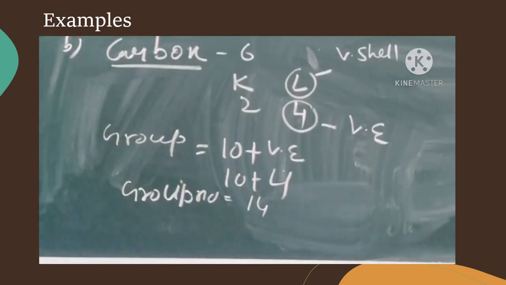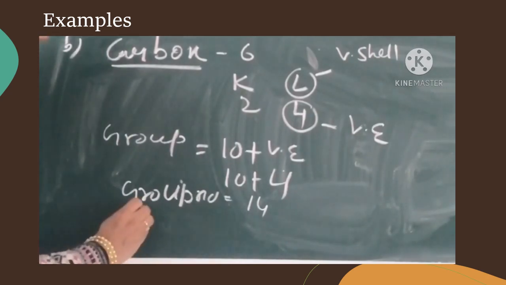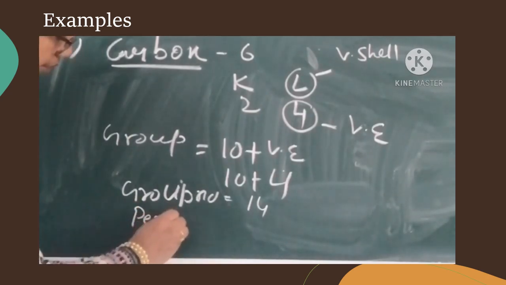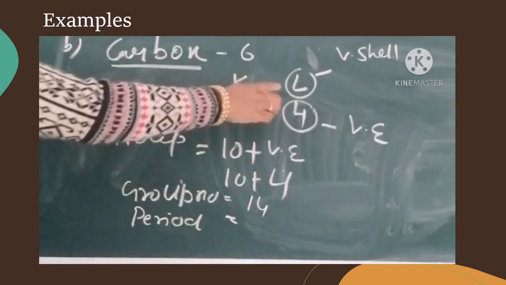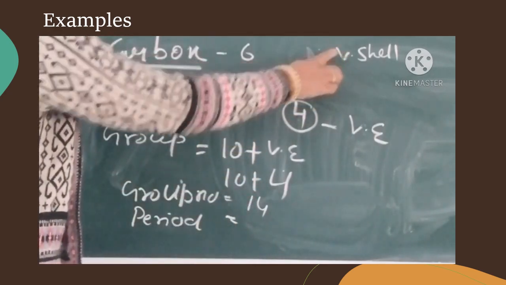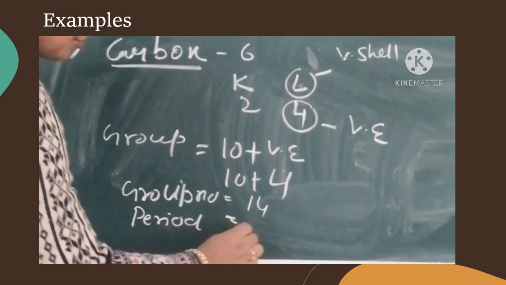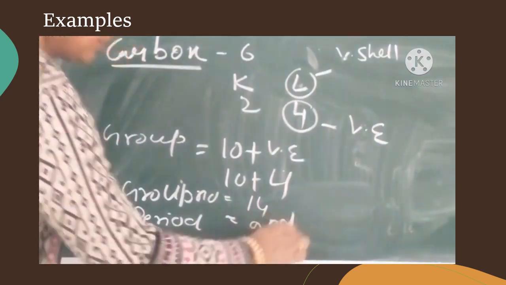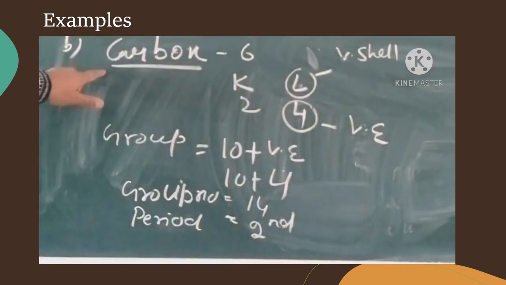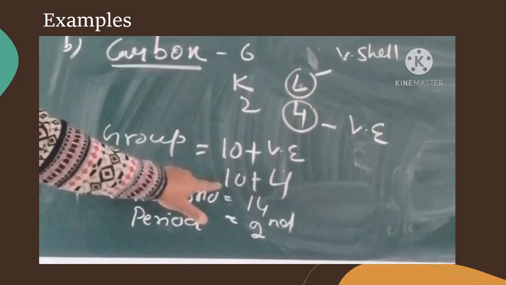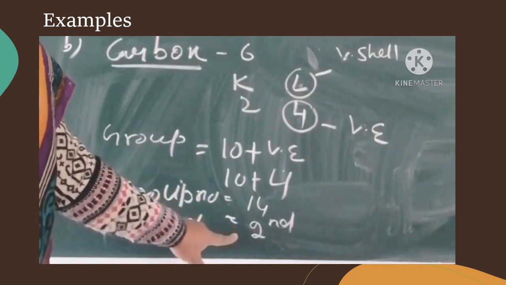What about the period? As the L shell is the valence shell and it is the second shell, the period will be second. So carbon belongs to the 14th group, second period.